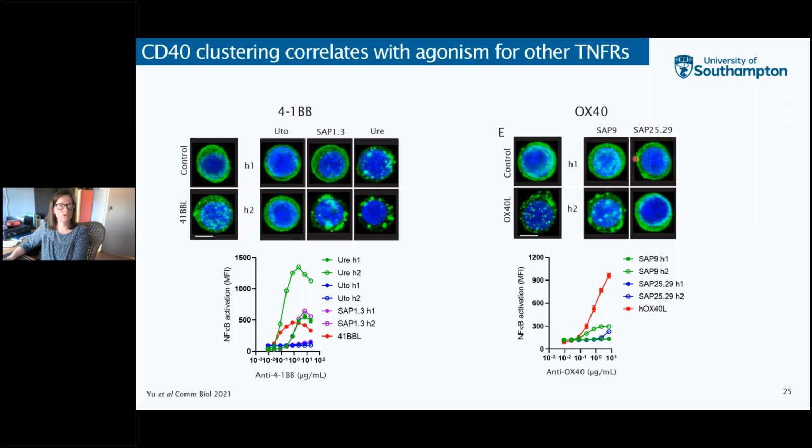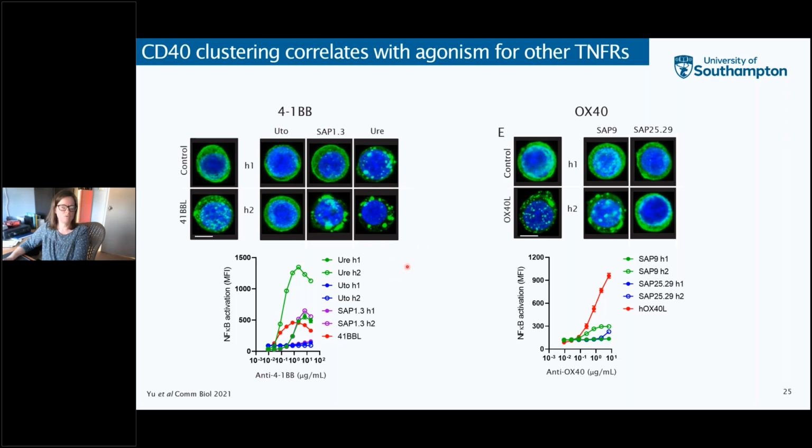He also looked at different TNFRs, so he did the same experiments with two other TNFR antibodies, 41BB and OX40. And the same pattern of differential receptor clustering was also seen with both of these, indicating that it may be a conserved feature among the TNFR family.